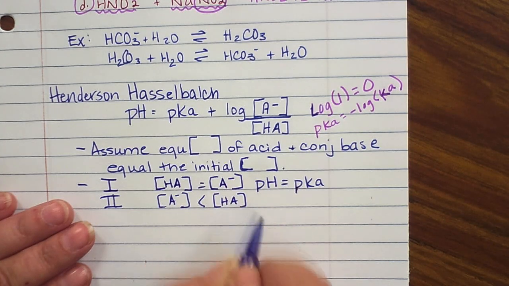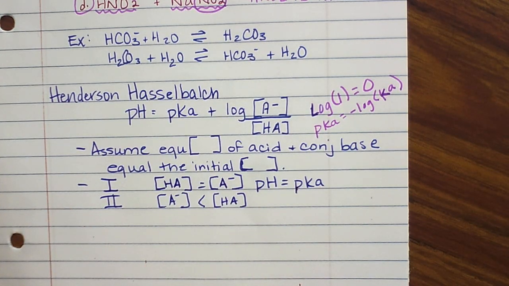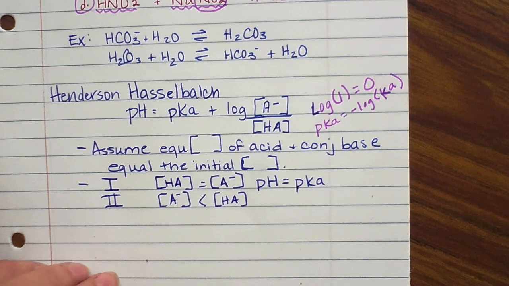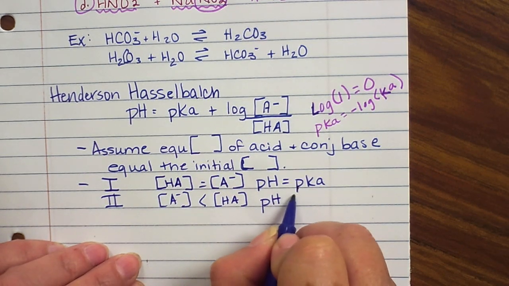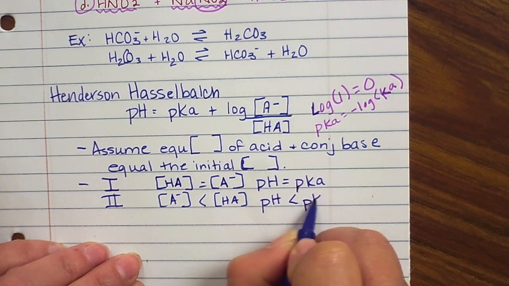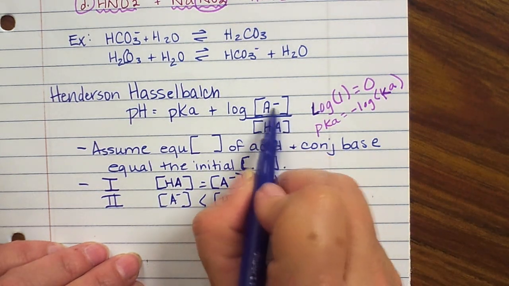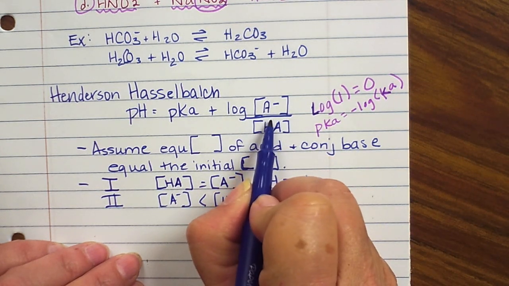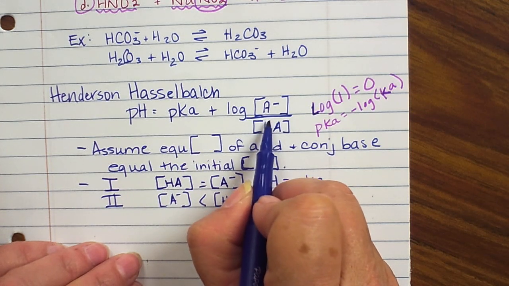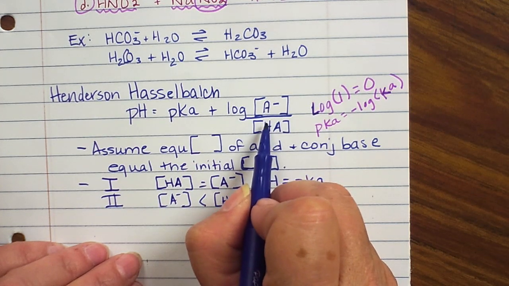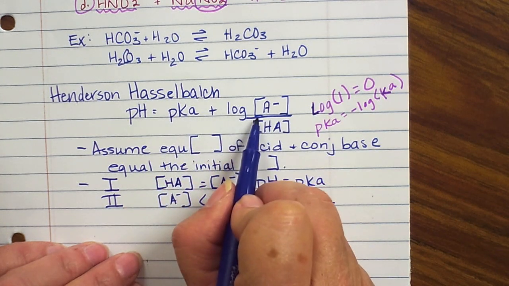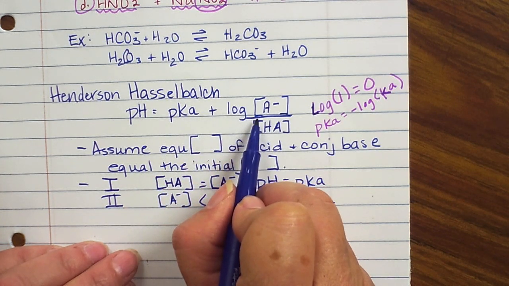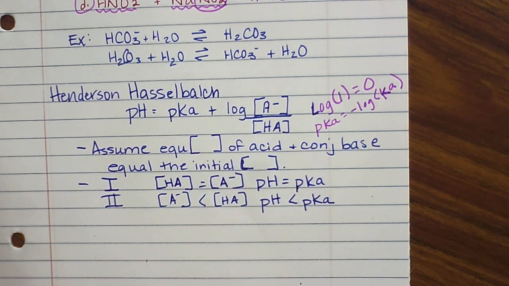So your fraction is now less than 1. Then your pH is less than your pKa, because the log of anything less than 1 is negative. So then you're going to be subtracting from your pKa. So your pH is less than your pKa.